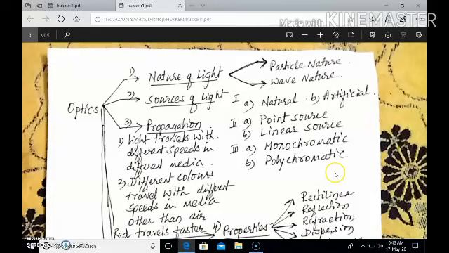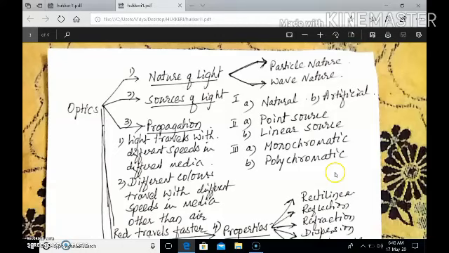A number of theories were proposed, namely Newton's corpuscular theory, Christian Huygens' mechanical wave theory, Clerk Maxwell's electromagnetic wave theory, and Max Planck's quantum theory.